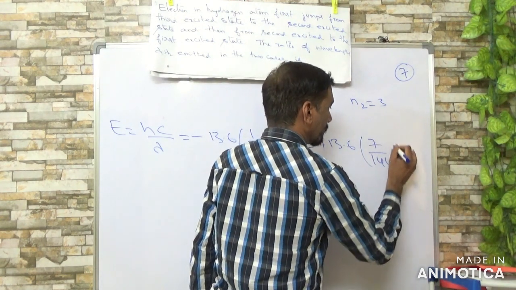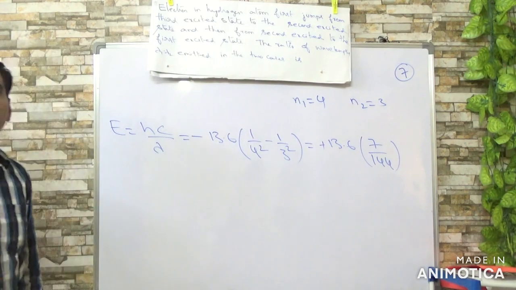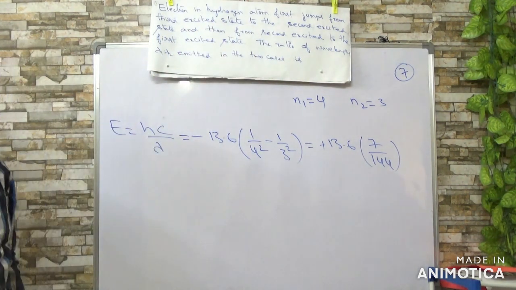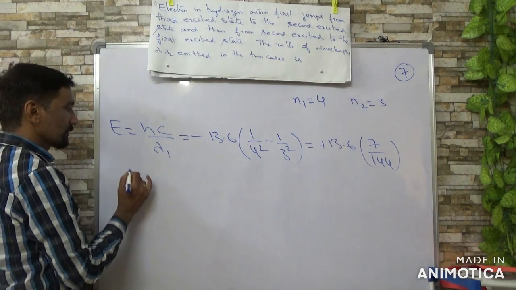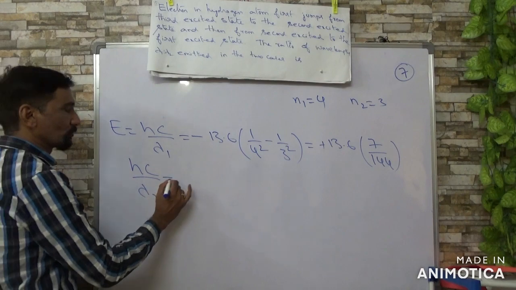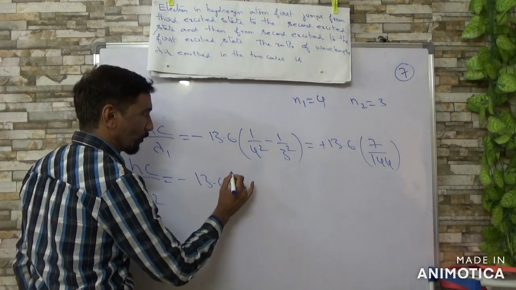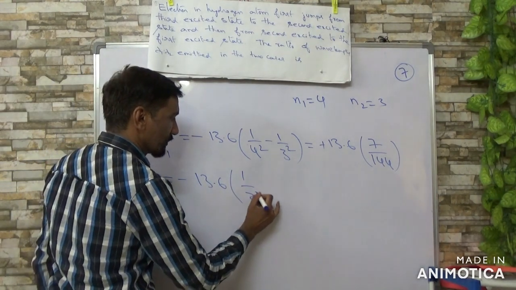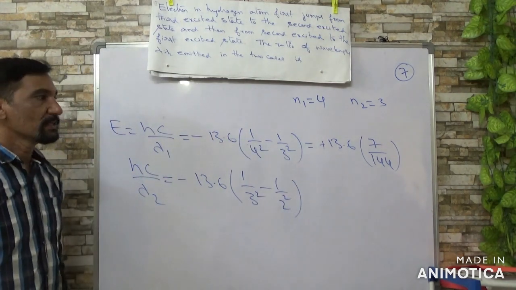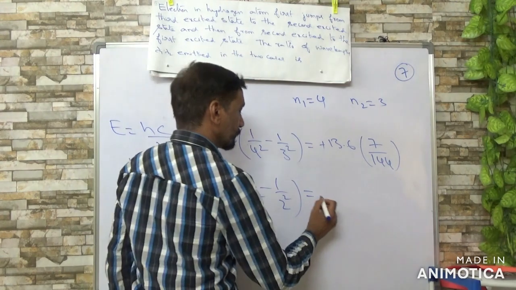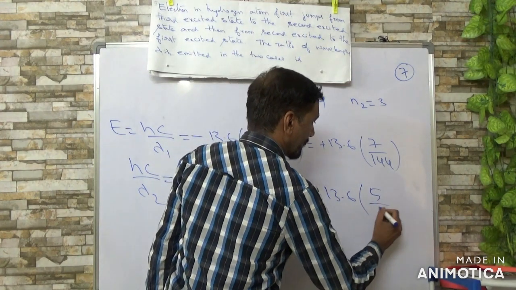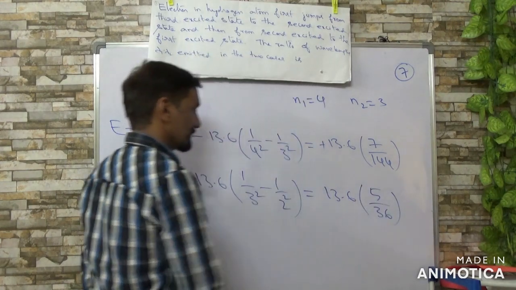Now in the second case, they are saying second excited to first. So hc by lambda 2 you can take as equal to minus 13.6 of second to first excited states, equal to 13.6 of 5 by 36.